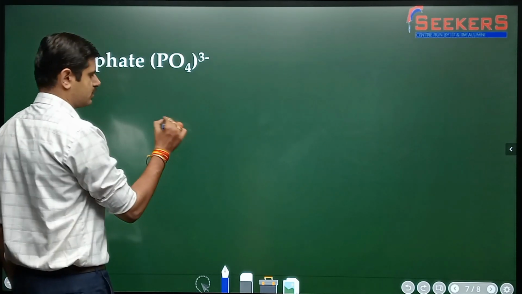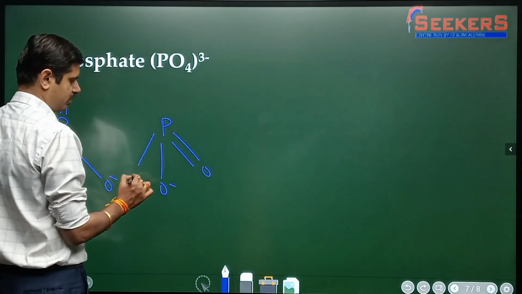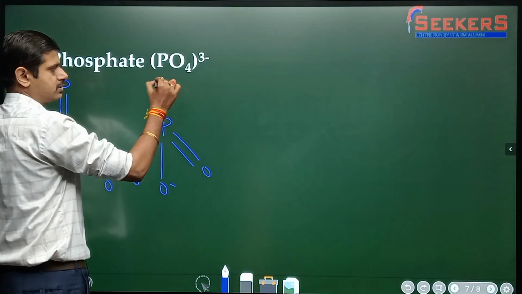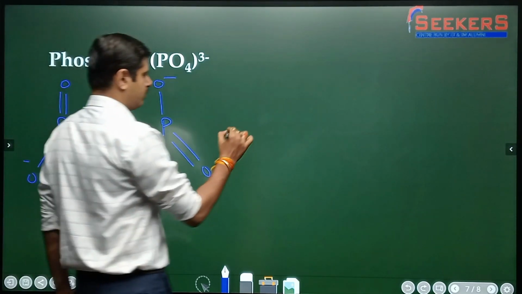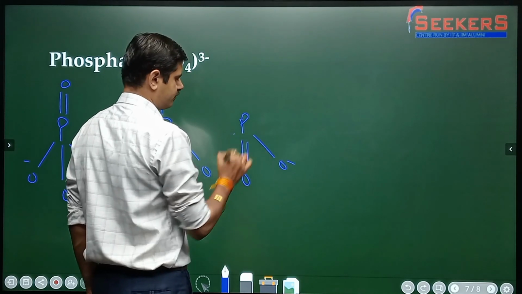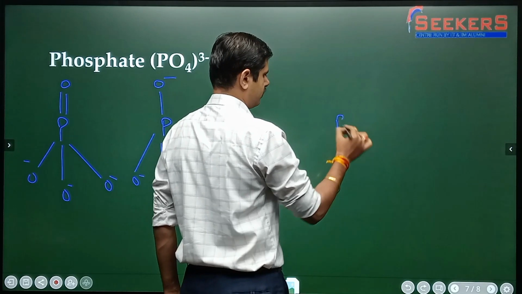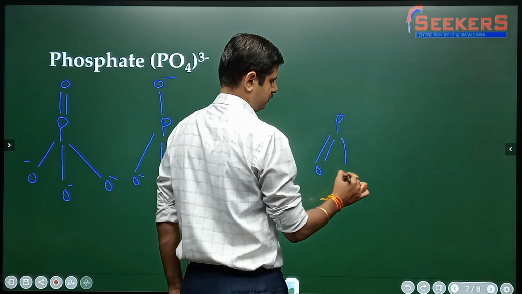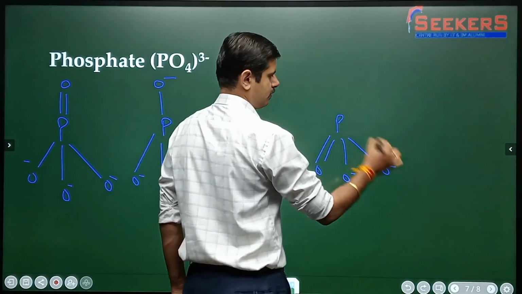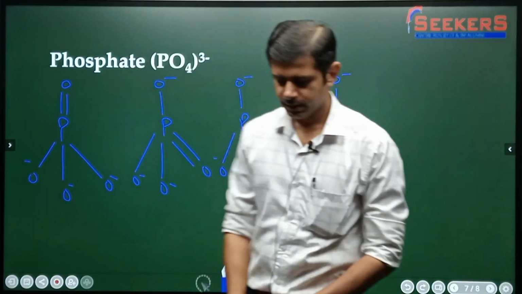So this is phosphorus, double bond oxygen, single bond oxygen negative, single bond oxygen negative, single bond oxygen negative. Here we can take a double bond here, with single bonds to oxygen negative on the others.